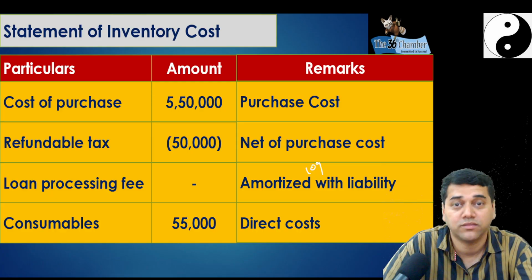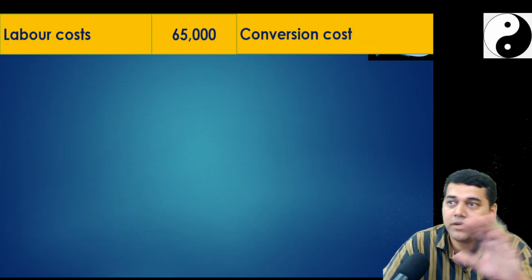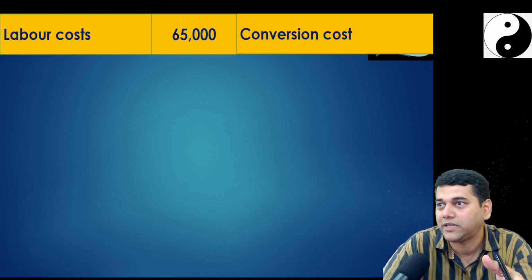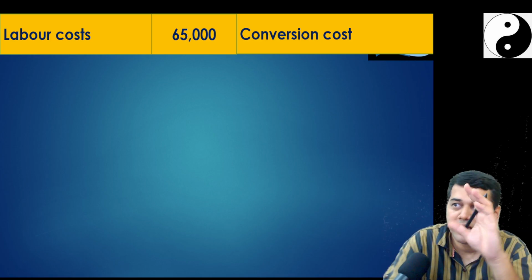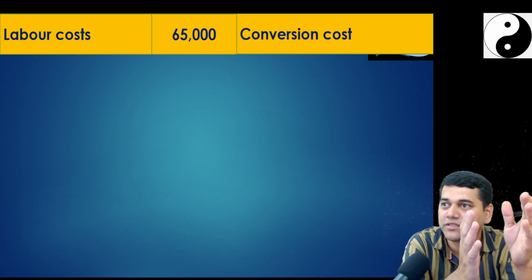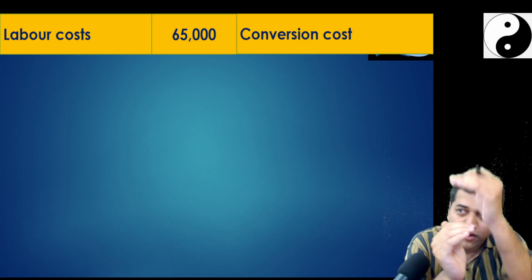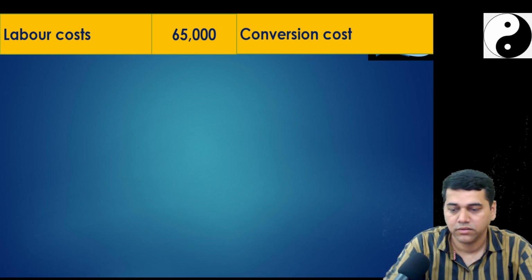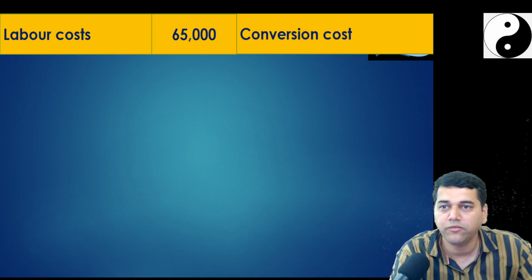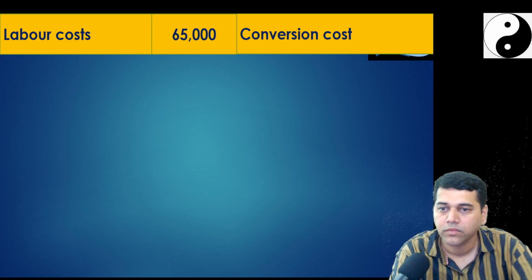Cost of conversion. I don't know what they will consider, but it's a conversion cost. No, labor is a conversion cost. You see, I showed you one chart where the material cost is there, conversion cost is there, and then other cost. So it is going to fall under which one? Direct material under cost of purchase, no?